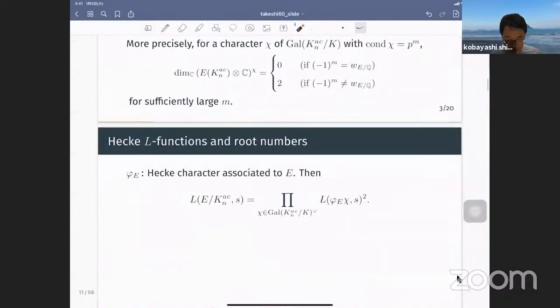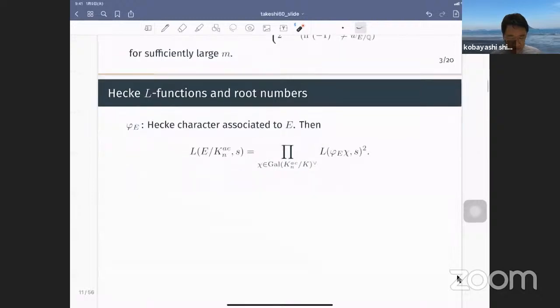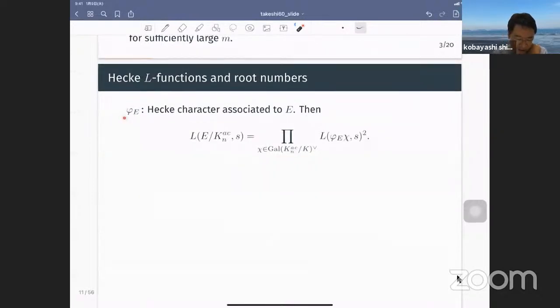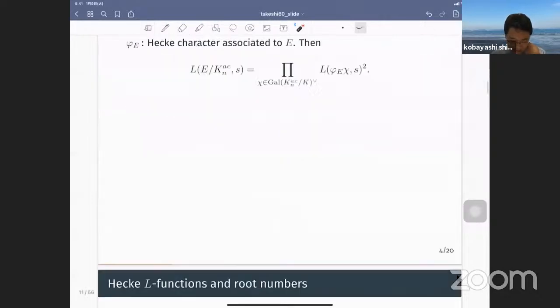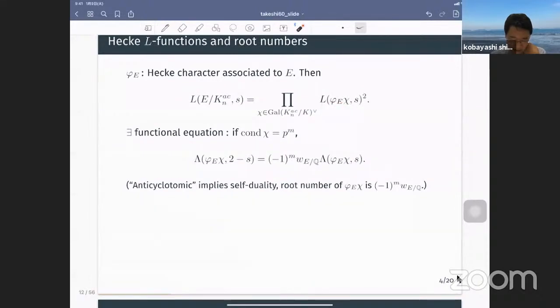Now consider the L-function. Let phi be the Hecke character associated to E. Then we have the following decomposition formula of the L-function. And each L-function has a functional equation like this.